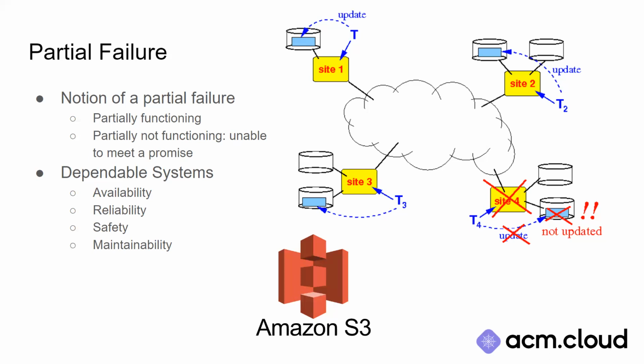I think it's like 99.999 something. Then safety is making sure that nobody can access your data if you want it encrypted. And maintainability corresponds to the guarantees they can give you for recovering your data, in terms of S3, but more broadly, for recovering from that kind of partial failure if you encounter one.